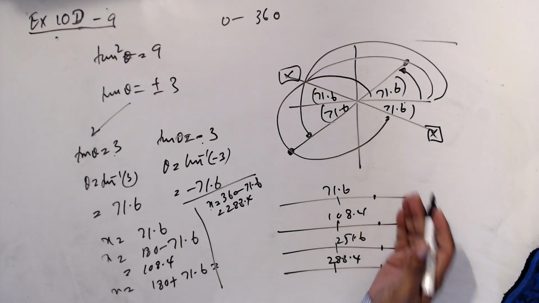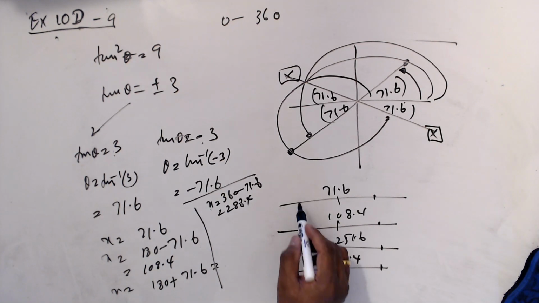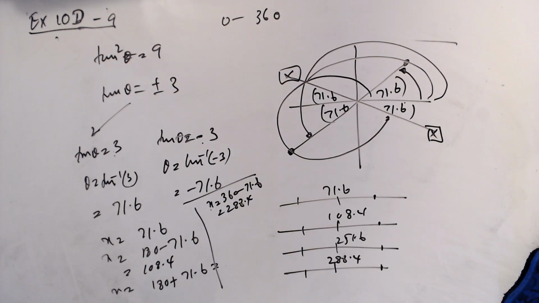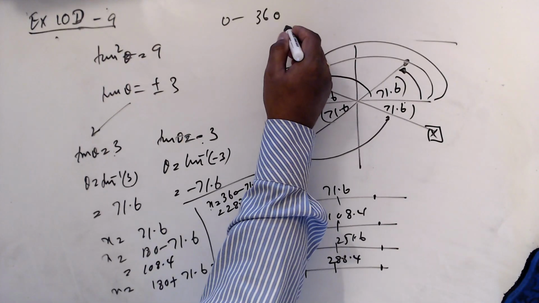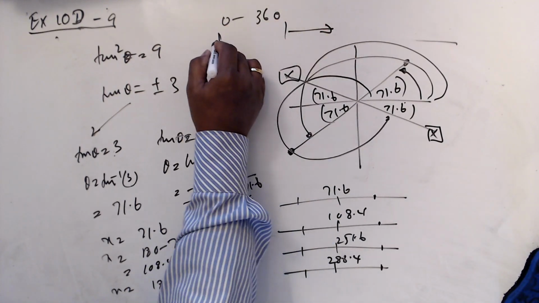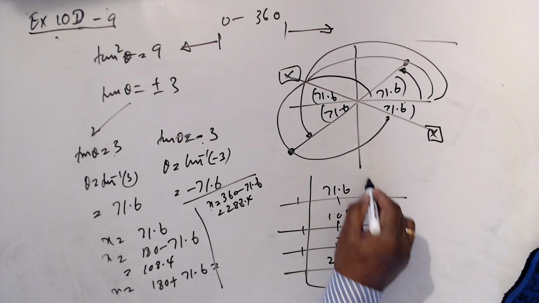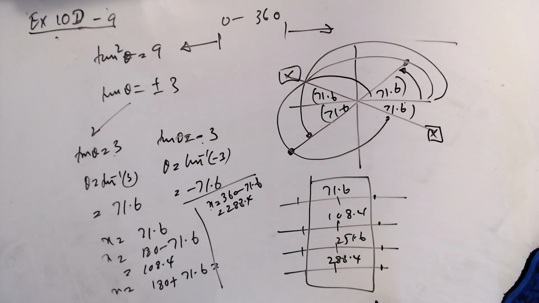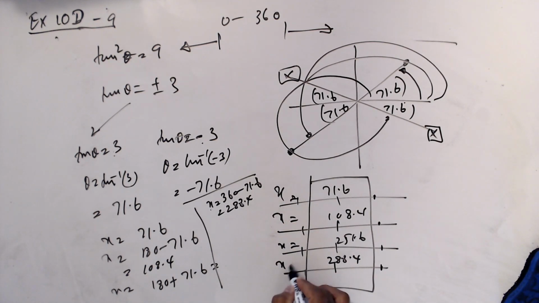So we can't go to the, if I take 360 out, I will get all minus answers. Then it is going to be minus. If I add, it goes over 360. If I minus, it is less than 0. So those are the only four answers left. So x equal, x equal, x equal, x equal.